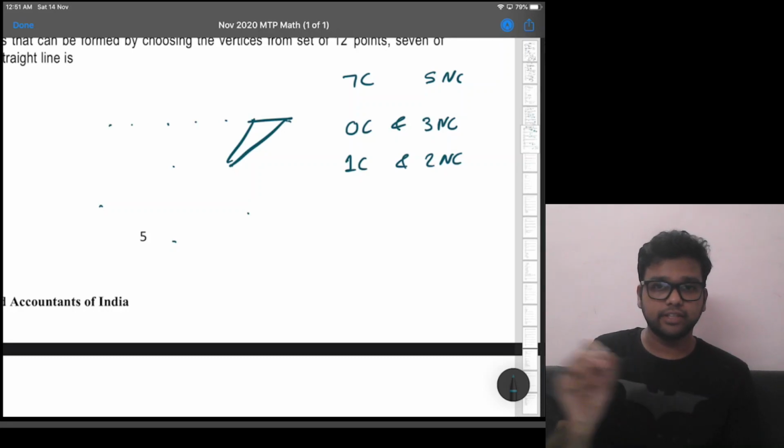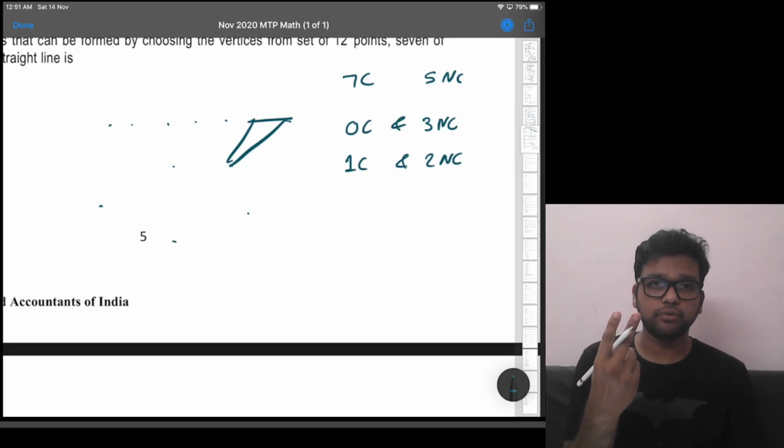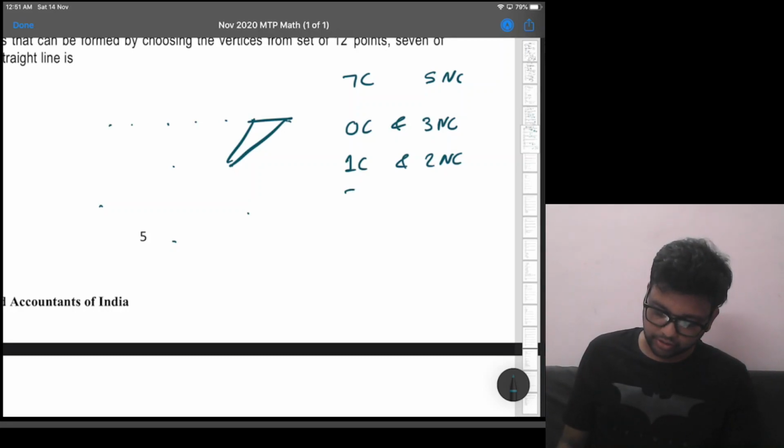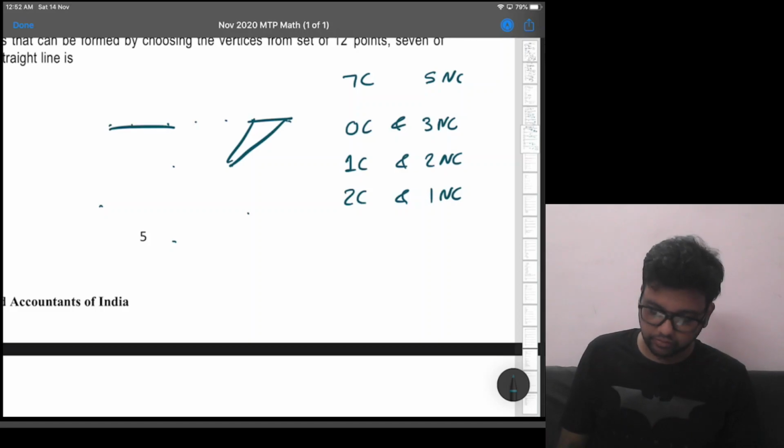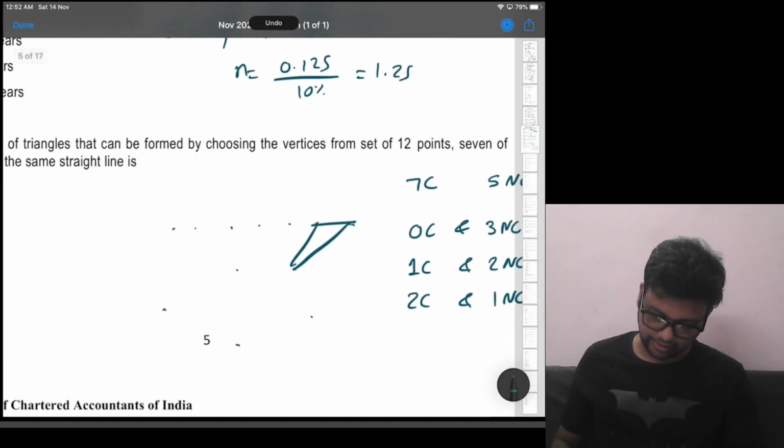2 from these 7, and 1 extra point. So 2 collinear and 1 non-collinear. But we cannot select 3 collinear because then we'll not have a triangle, we'll have a straight line, right?